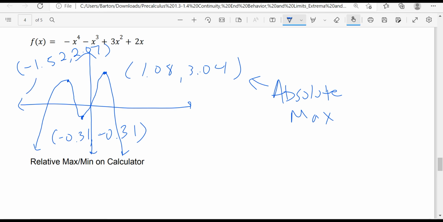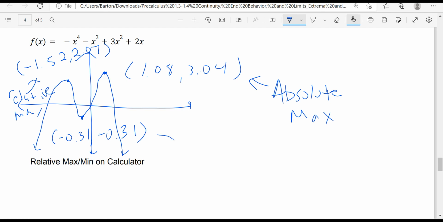As opposed to this maximum right here, which we call a relative max. Why is that a relative max? It's relative to that specific interval. It's not the absolute max. There are bigger values in this graph, but for a given interval, that is the relative max.